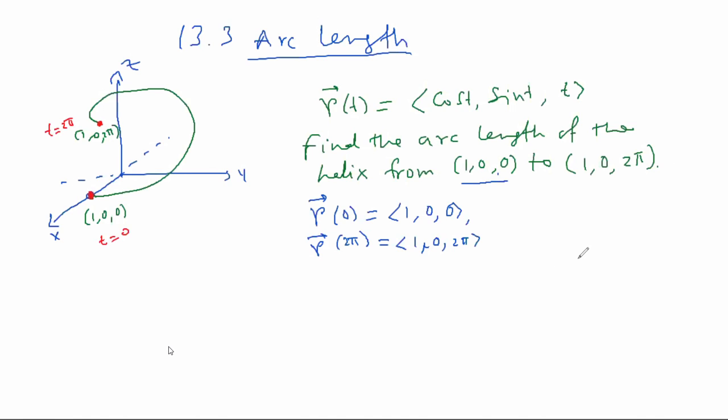Okay, so what's the formula? I'm just going to give you the formula. I'm not going to give you the derivation of the formula, but this is the arc length formula.